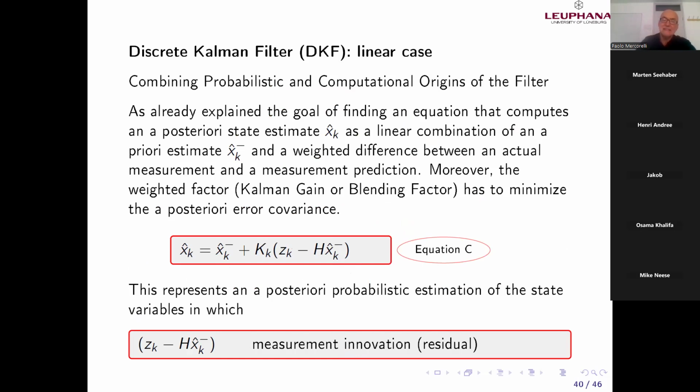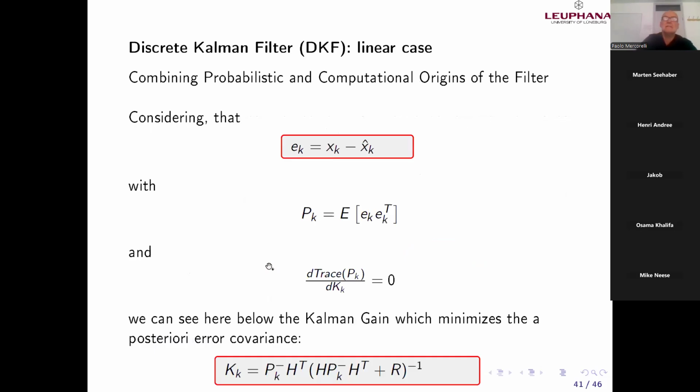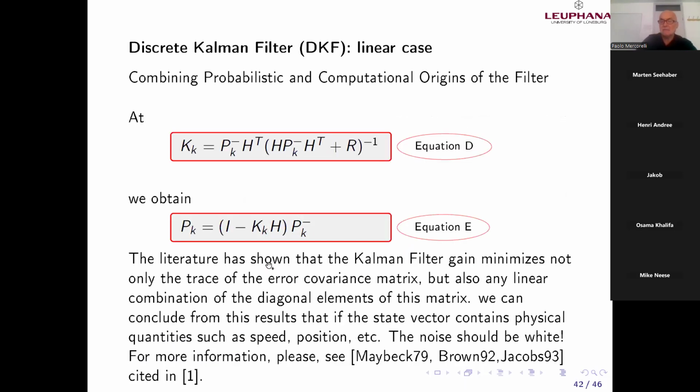This means statistically, I will trust more the measurements; the contribution on the estimation, the a posteriori estimation, the final estimation, is weighted by a relatively large K. It depends on the step, of course.